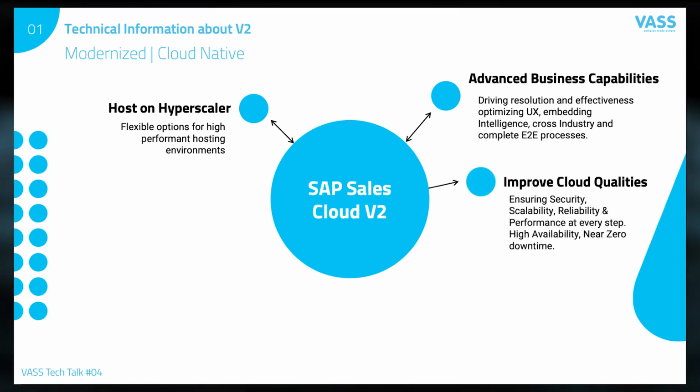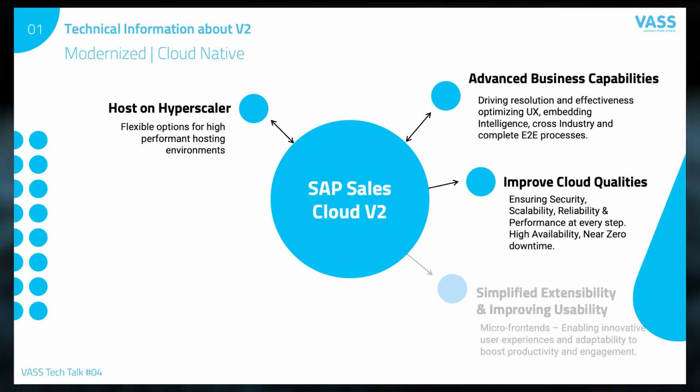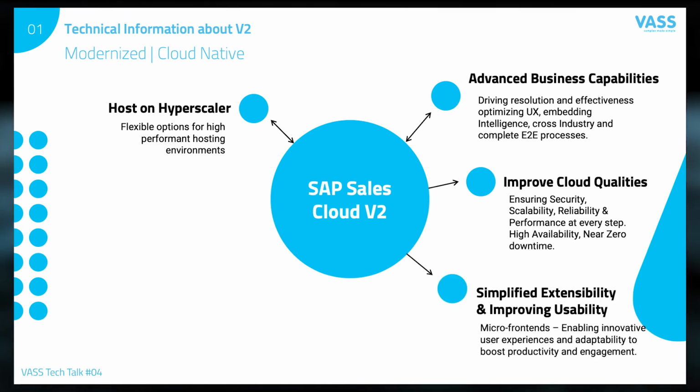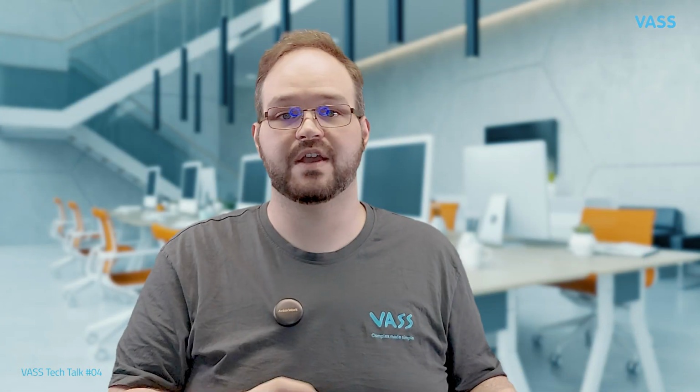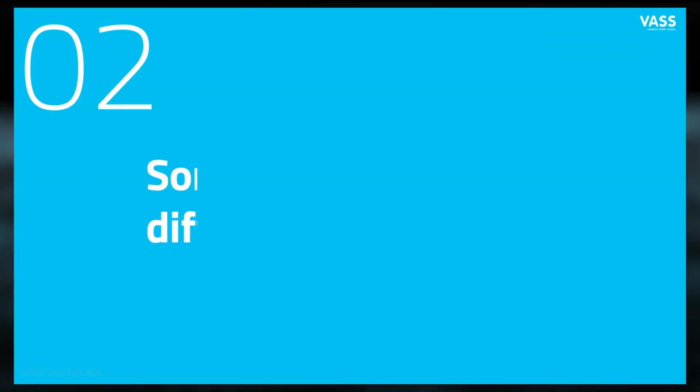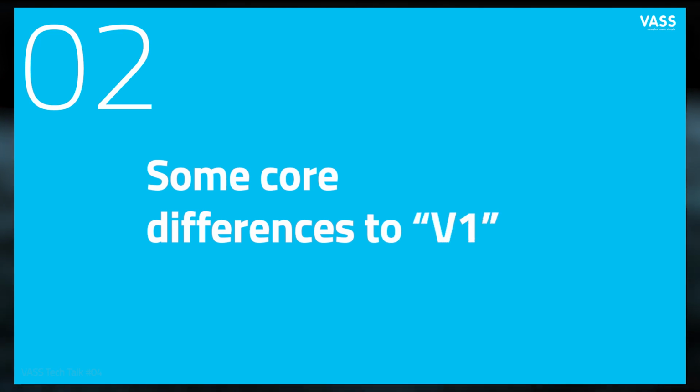Then you improve the cloud qualities, as we already talked about: scalability, reliability, security, etc. Simplified extensibility and usability with the DevOps tools from BTP and also with the new adaptation features from Service Cloud version 2, it is very easy for you to customize your solution to your needs. And microservices API first, so it's very easy to integrate this new Service Cloud version 2 with different BTP or other SAP systems.